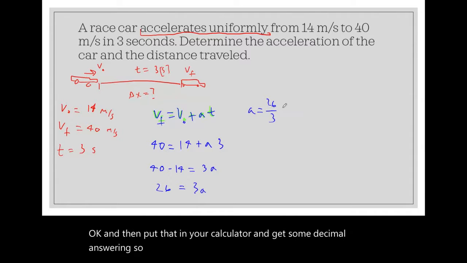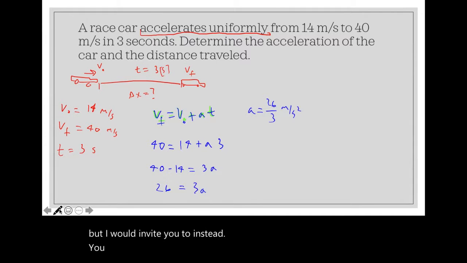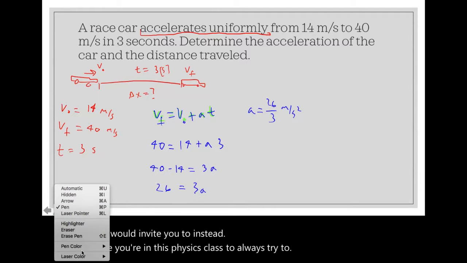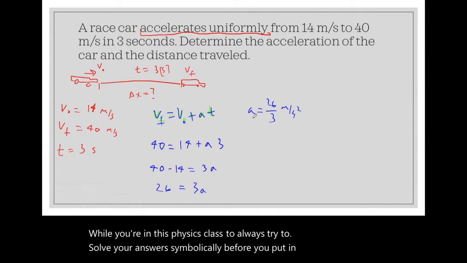So that process is fine, that's cool, there's nothing wrong with it. But I would invite you, while you're in this physics class, to always try to solve for your answers symbolically before you put in your numbers.